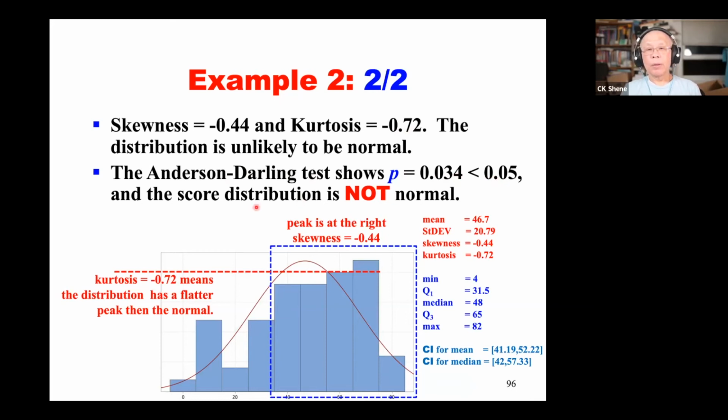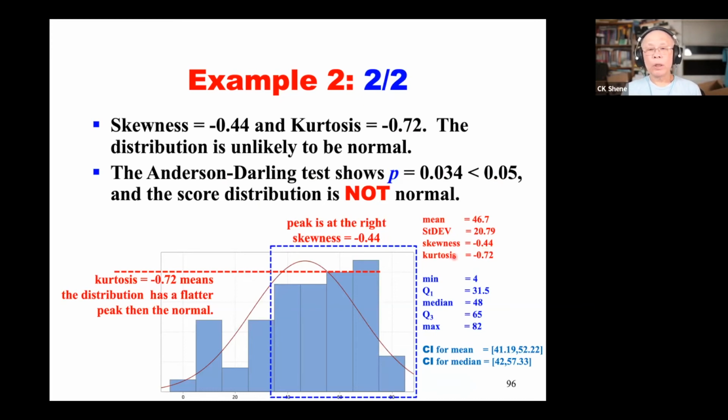And the score distribution is not normal. We have evidence to show that the score is not normal. The kurtosis being negative means it's rather flat, and the skewness of negative 0.44 means it is not symmetric.